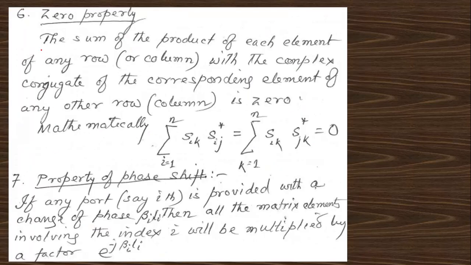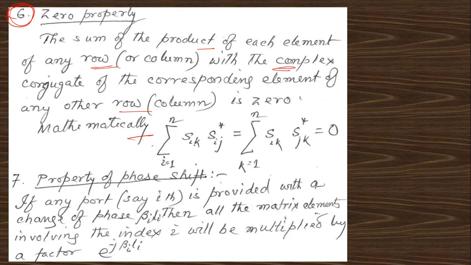Next one is the zero property, that is the sum of the product of each element of any row or column with the complex conjugate of the corresponding element of any other row or column is 0. Mathematically, if you take the product of Ik with Ij, or Ik with Jk, with the complex conjugate, this gives you 0, the total sum will be 0.